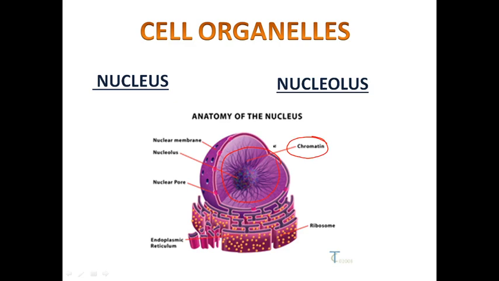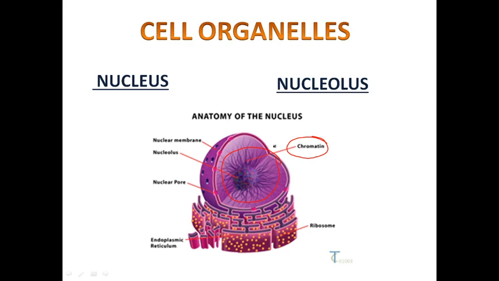It contains chromosomes wrapped with special protein into a chromatin network. It is surrounded by the selectively permeable nuclear membrane or envelope that contains pores to allow the transport of molecules like messenger RNA, which are too large to diffuse directly through the envelope.